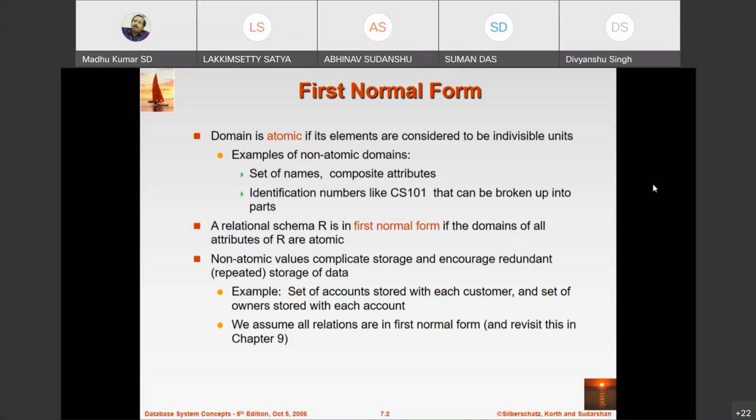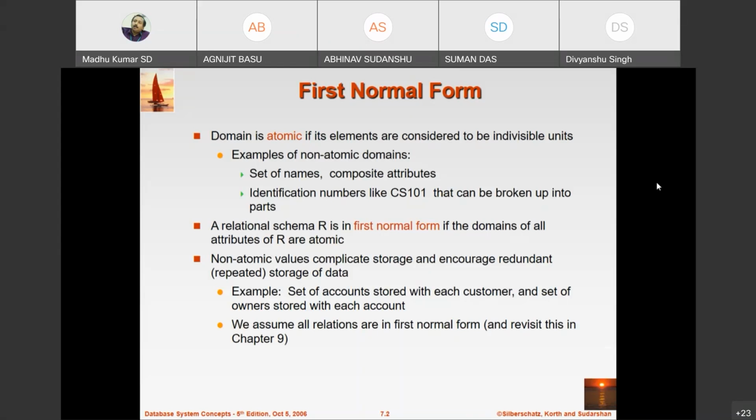Can you give an example for an atomic and a non-atomic field, Agnijit? Address. How is it non-atomic? It includes the country, the state, the district.